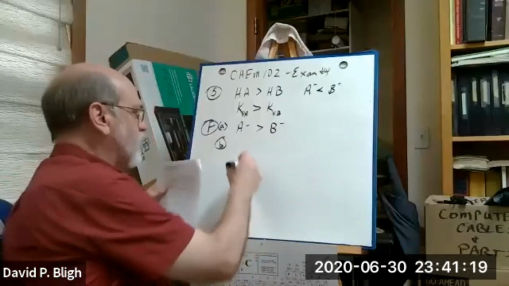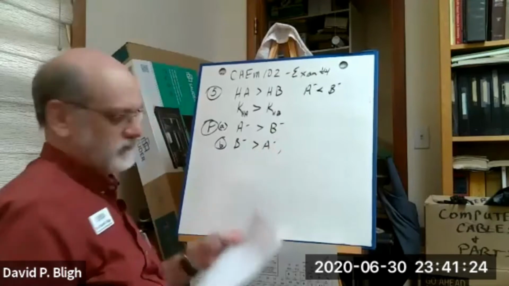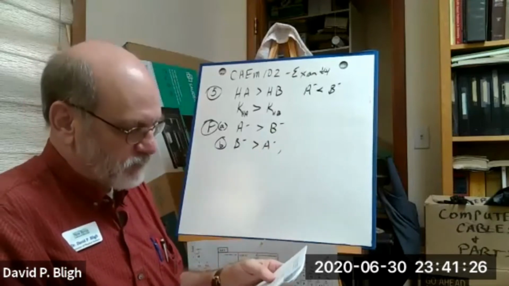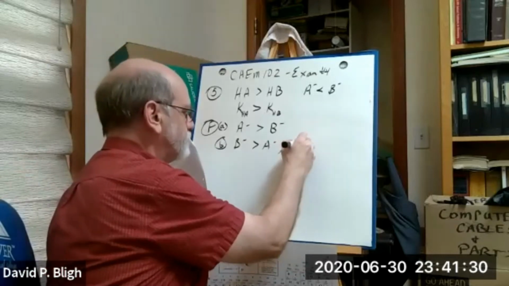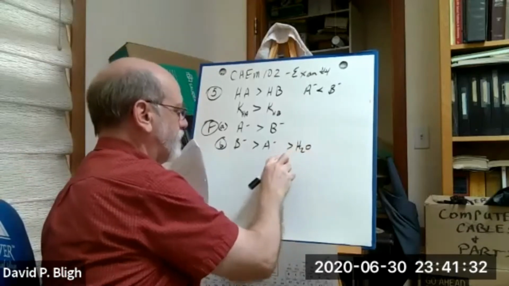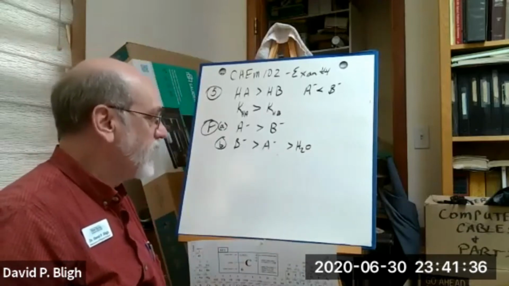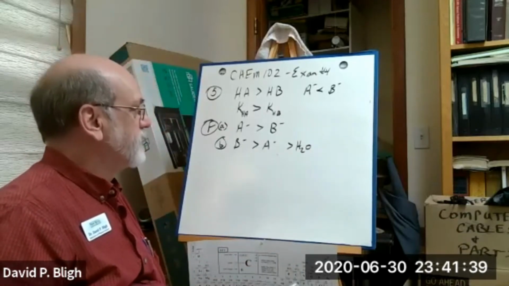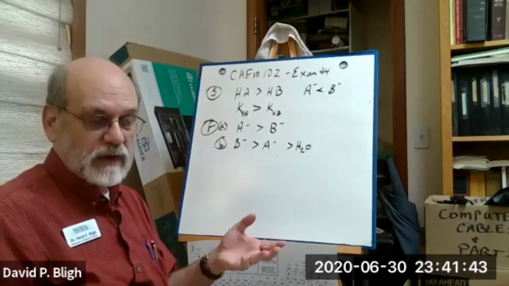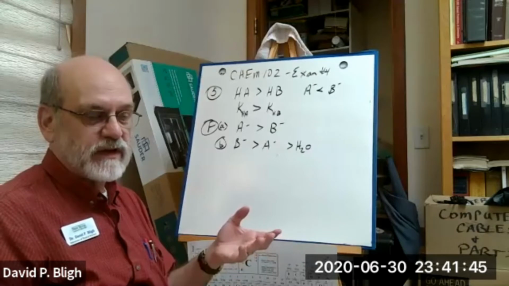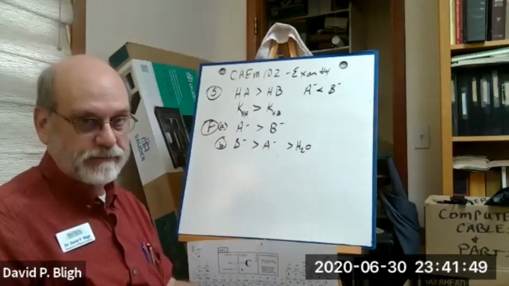B minus is stronger than A. Yes, that's true. So now we have to go to the next one, which is also stronger than water. Is that true? In most cases, yes. If you have a weak acid dissolved in water, then its conjugate base is going to be much stronger than the water molecule as a base.